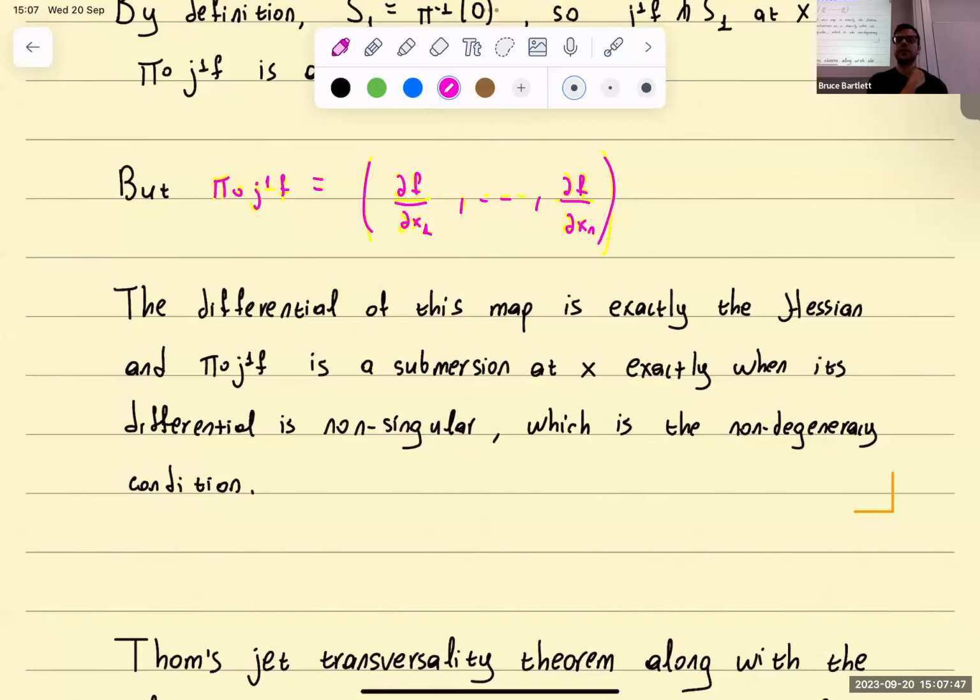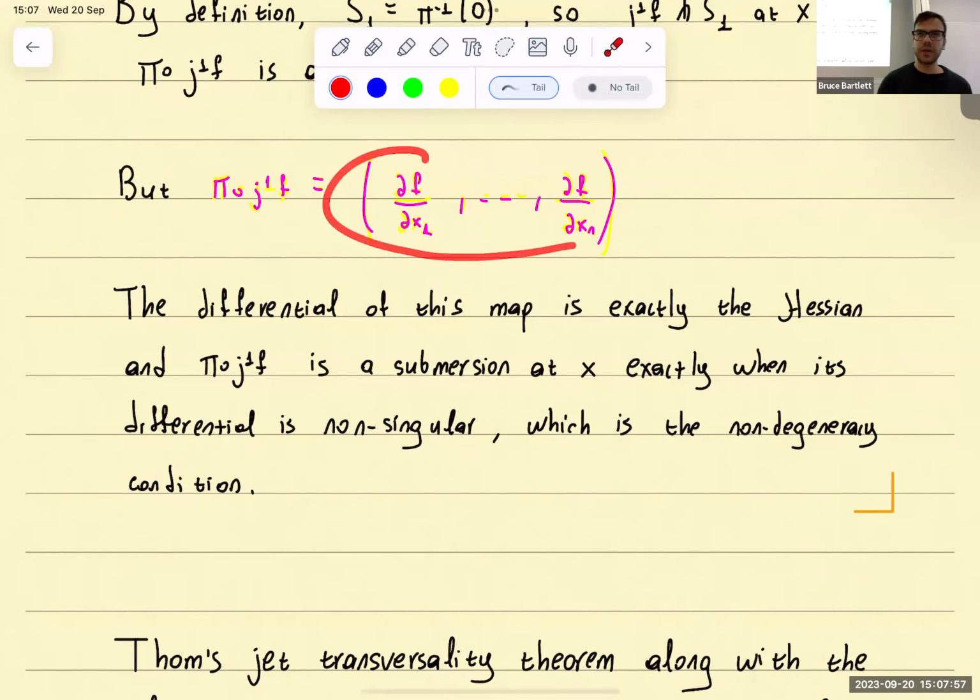Are you happy that the derivative of this map is the matrix of second derivatives? I agree. And then, if you give me an n by n matrix, and that matrix is full rank, then it's non-singular, and vice versa. If it's non-singular, then it must be full rank.